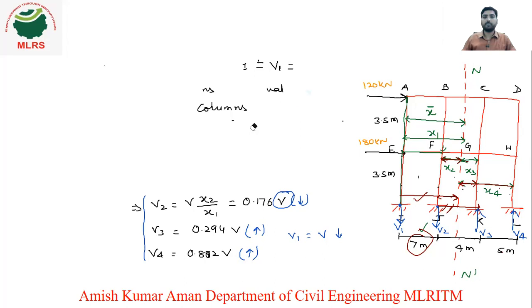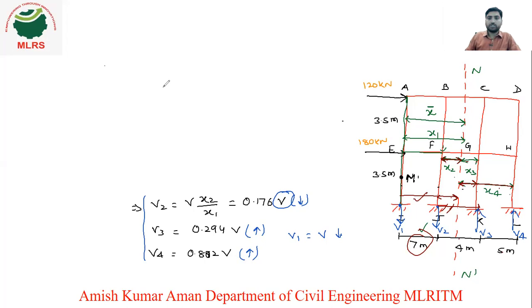Now here your first assumption will work, right? What is our first assumption? The first assumption is that the point of contraflexure will be at the center of each member. So let's say this is the center M. We are taking the moments, the sum of moments about this point will be equal to 0, because this is the point of contraflexure, right?